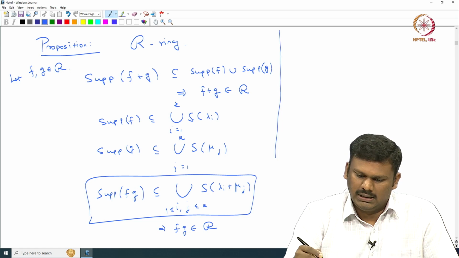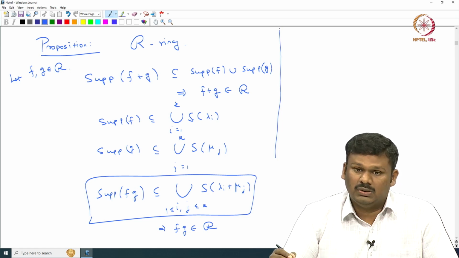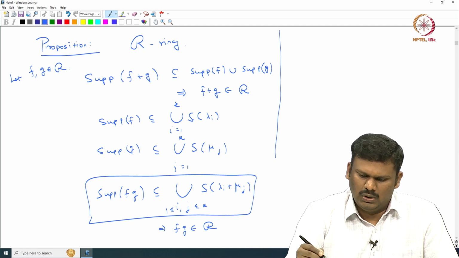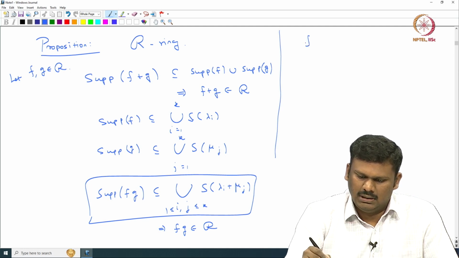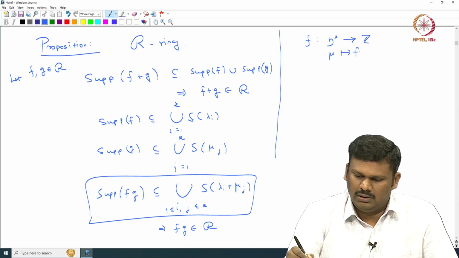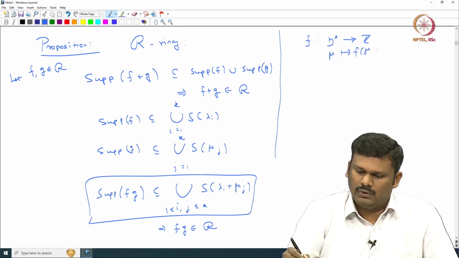It is the same data, but we will store it in a different way. Note that a character is a function from h star to Z. So for a given mu, we have to record what f of mu is.